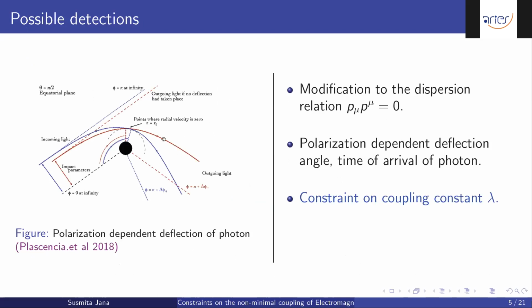So in the next slide, I have shown the possibilities that can be explored from this work. On the left hand side, I have shown a picture of a black hole and a bunch of photons coming from very far away, getting deflected because of the gravitational attraction of the black hole. As you can see, there are two types of deflection occurring here, depending on the mode of polarization of the photons.